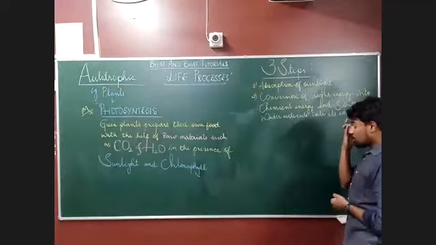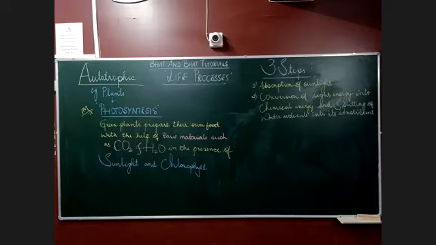Now, what was the first step under the process of photosynthesis? It is the absorption of sunlight. And what is the second step? It is the conversion of light energy into chemical energy and splitting of water molecule into its constituents. Now, why have I highlighted the splitting of water molecule into its constituents?